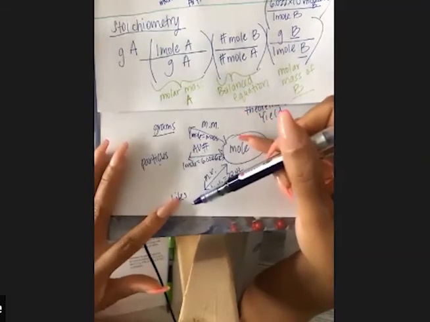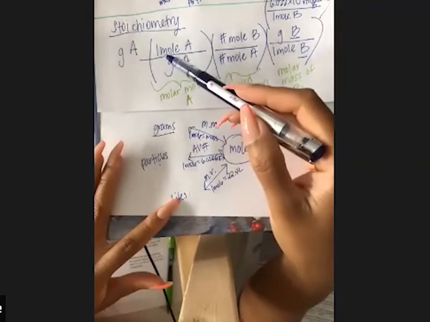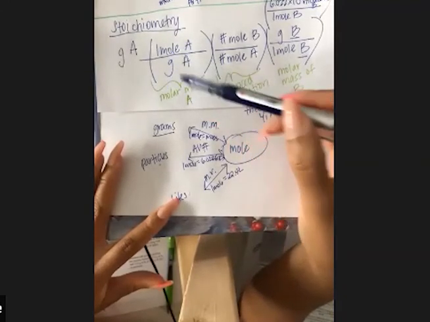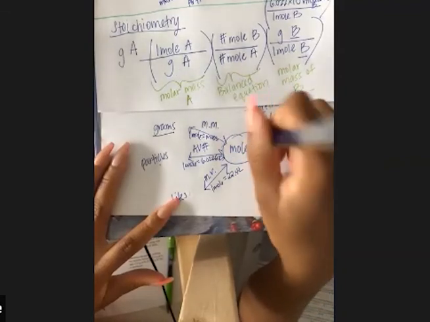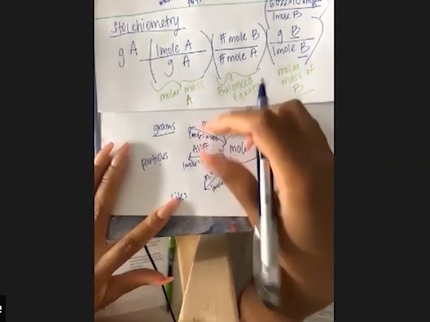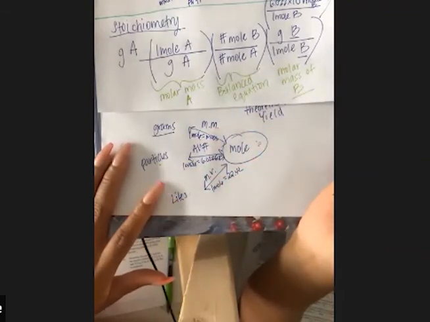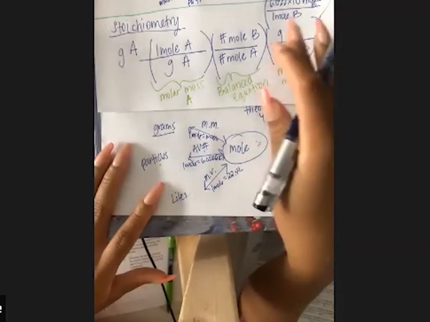If we started off with liters, the first step would be 1 mole divided by 22.4 liters, because the whole point is to get to moles first. And these are the different conversions we've learned to get to moles. Does that make more sense? I think so. Okay, so I'm not trying to confuse you with the molecules here.